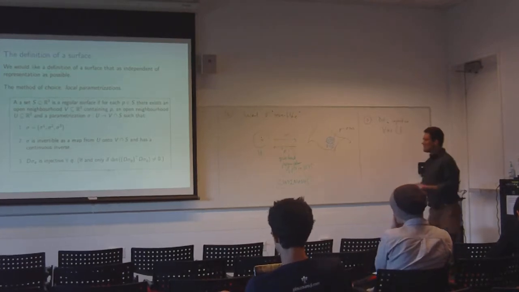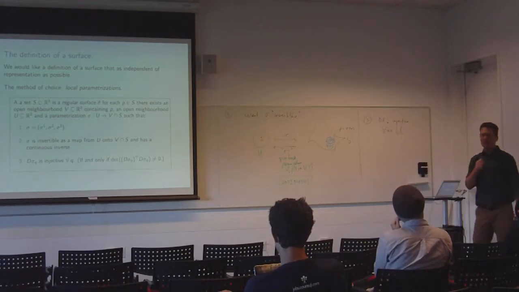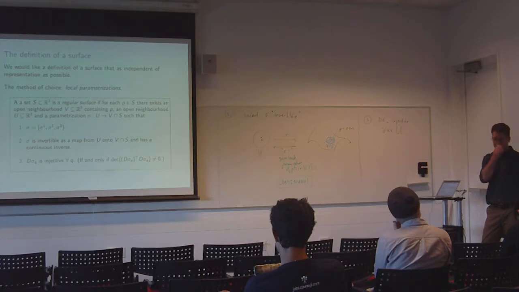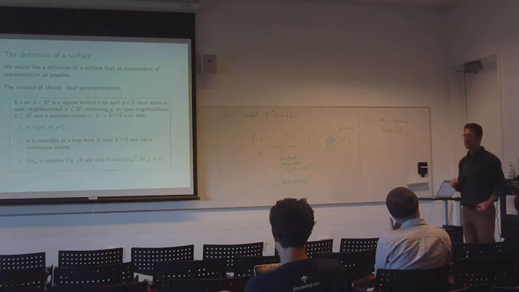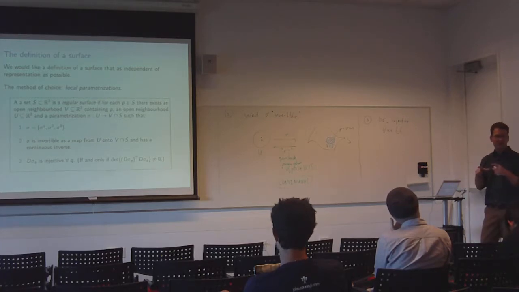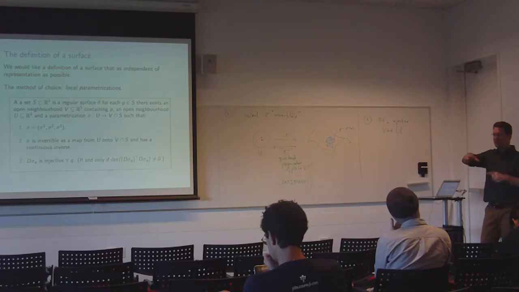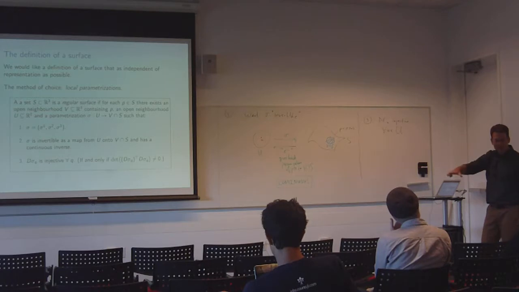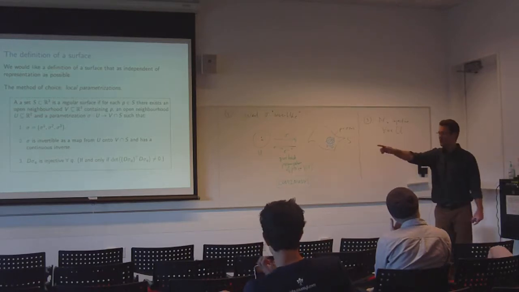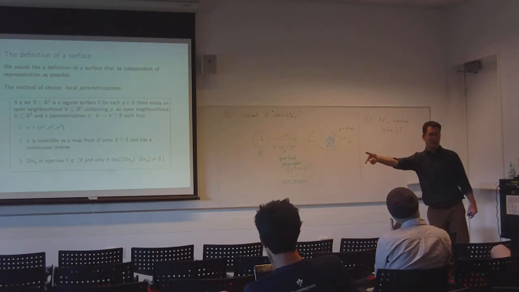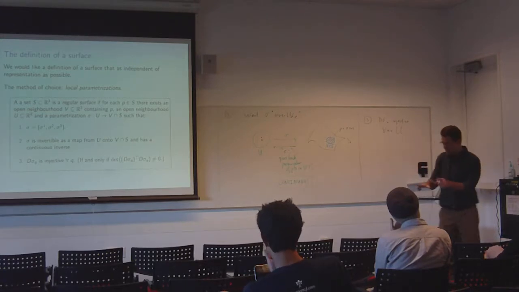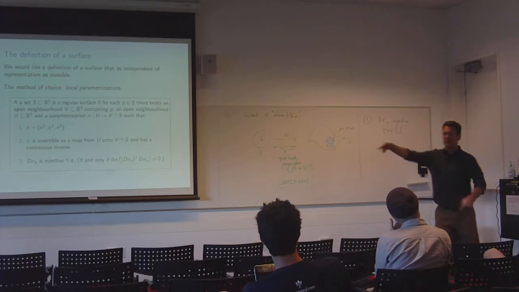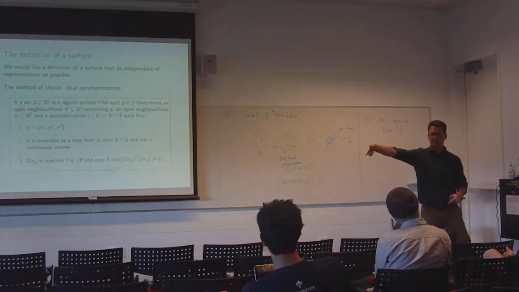Okay, remember what injectivity means. If the differential is injective, remember from last week's lecture, that means the differential, as a linear transformation, takes a pair of vectors in U and maps them forward to some transformed vectors over here. But if they're linearly independent to start with, then they're linearly independent to end, right?